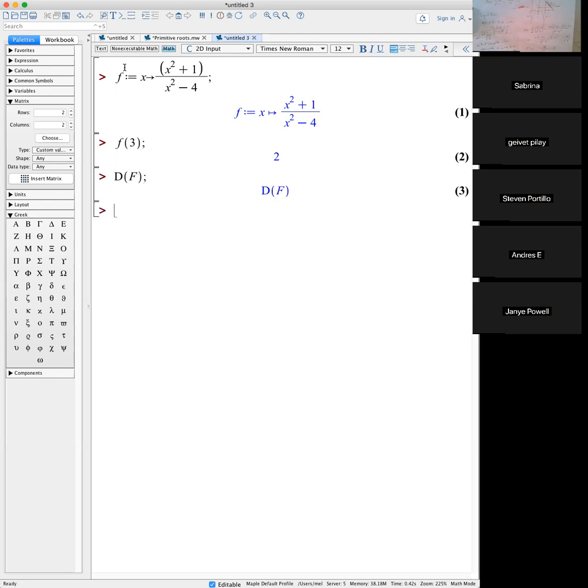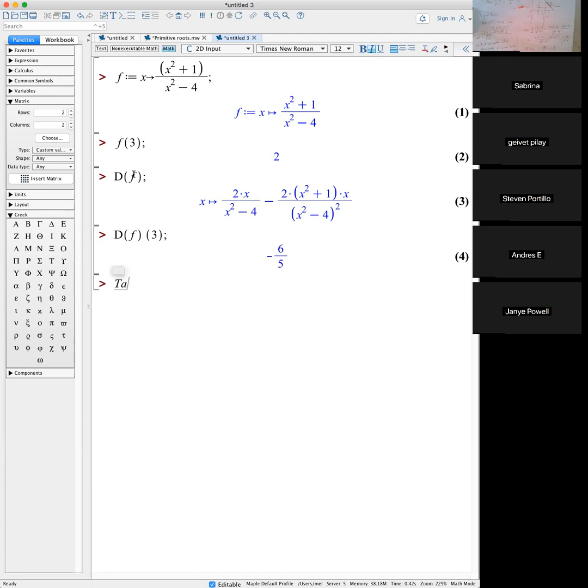And the derivative of f, oops, should be a lowercase. Derivative in Maple is case sensitive. It's equal to that. So if I take the derivative of f, evaluated at the point 3, I get minus 6/5.